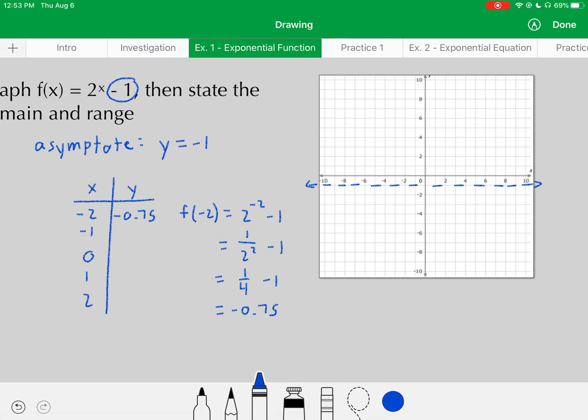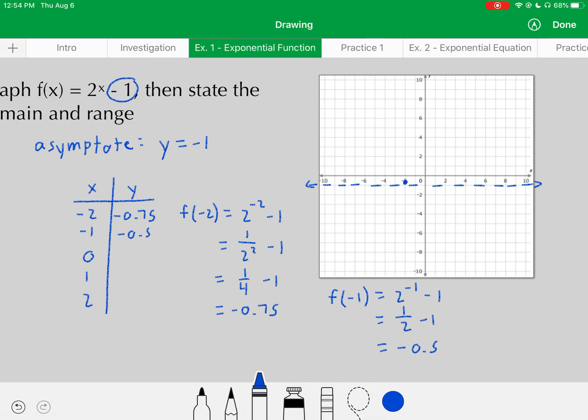Okay, so let's plot that point. Just kind of estimate its location. All right, f of negative 1 would be 2 to the negative first minus 1. That's going to be the same as 1/2 minus 1, or negative 0.5.